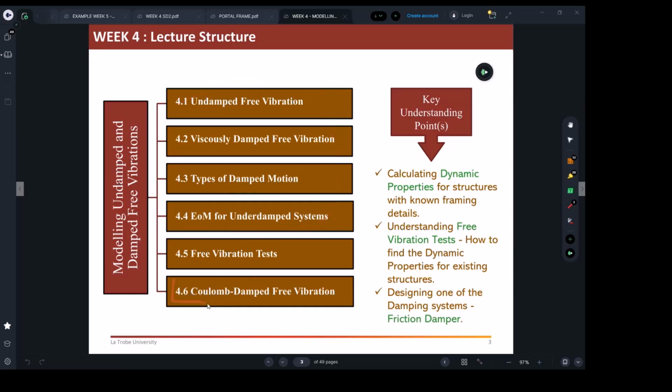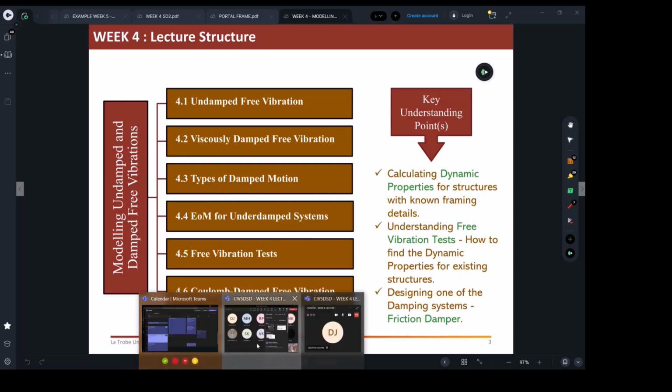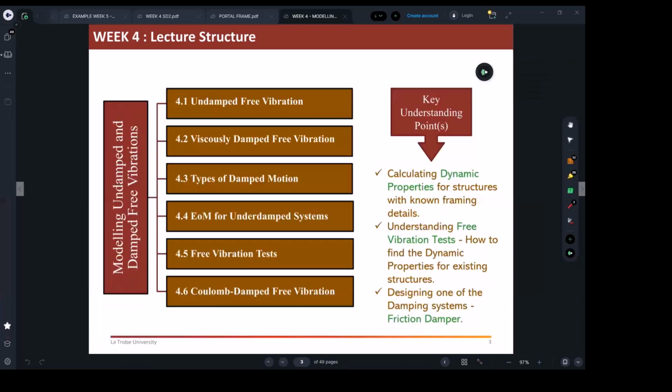If we had time today to finish this section, we will. Otherwise, we do it during the workshop. It is just one of the well-known damping methods, where we use friction to achieve damping.